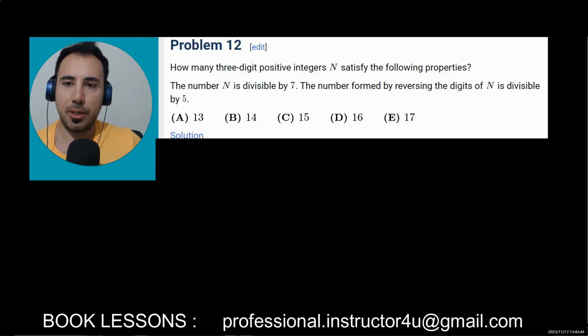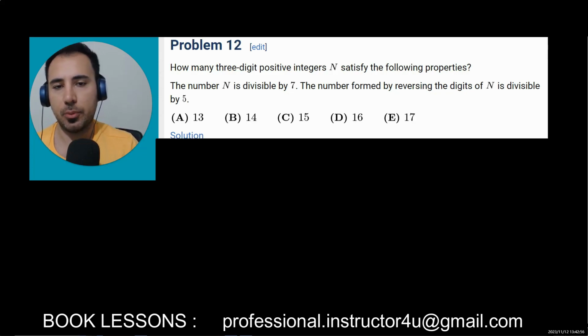Okay, let's deal with problem 12. I don't think it's really that difficult. How many 3-digit positive integers n satisfy the following properties? The number n is divisible by 7, and the number obtained by reversing the digits of n is divisible by 5.